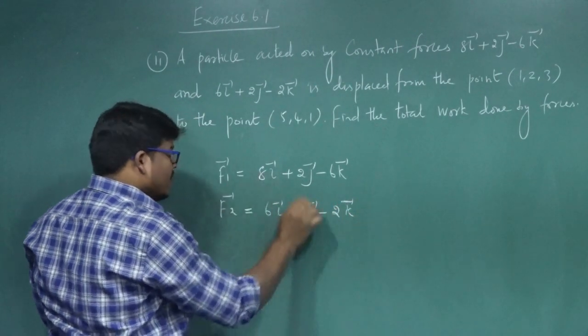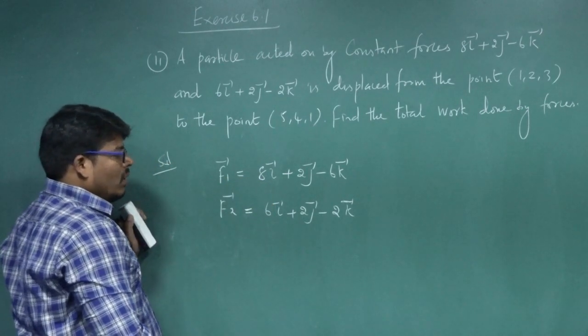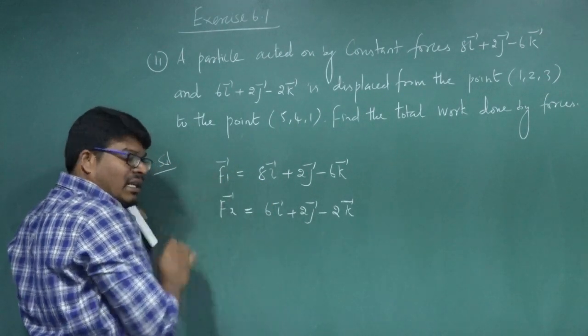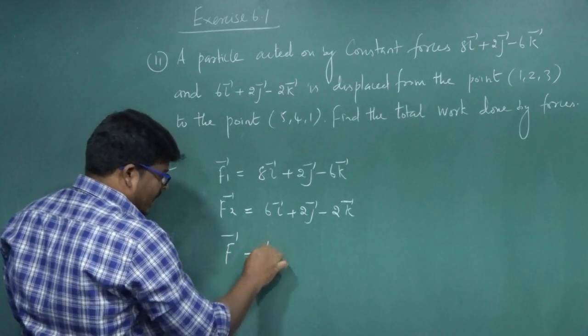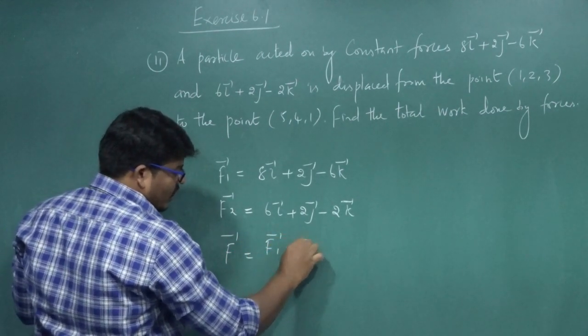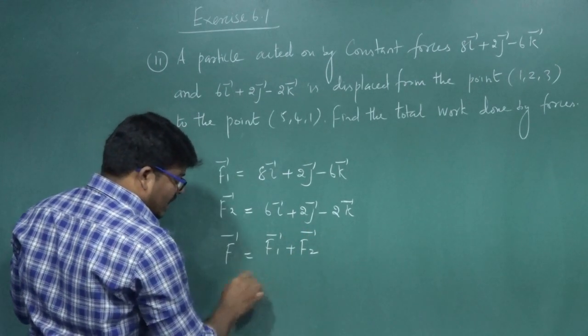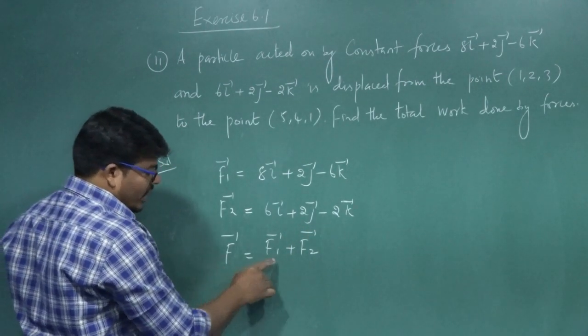We want the total resultant force, F vector equal to F1 vector plus F2 vector.